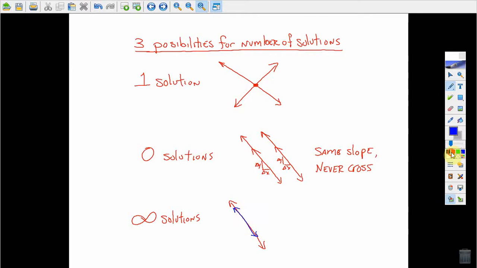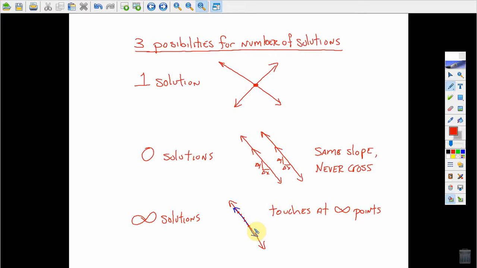And if one line is on top of the other, then it has infinite solutions because it touches at infinite points. Right? It touches here, it touches here, it touches everywhere all the way down the line, so it has infinite solutions.